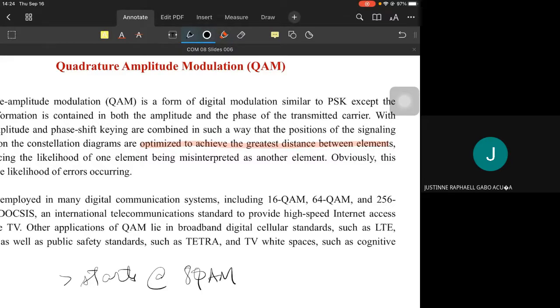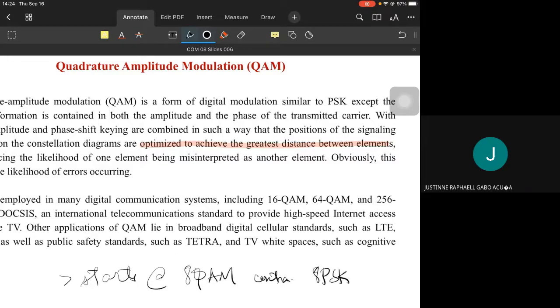Now, when we compare QAM to PSK, we compare them with the same number of symbols. So 8 QAM is compared and contrasted with 8 PSK.